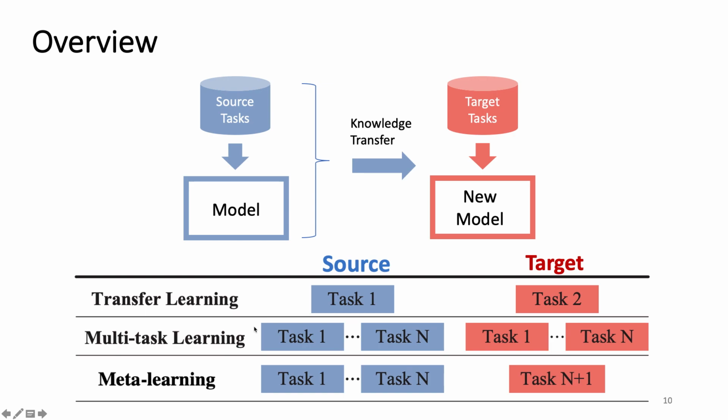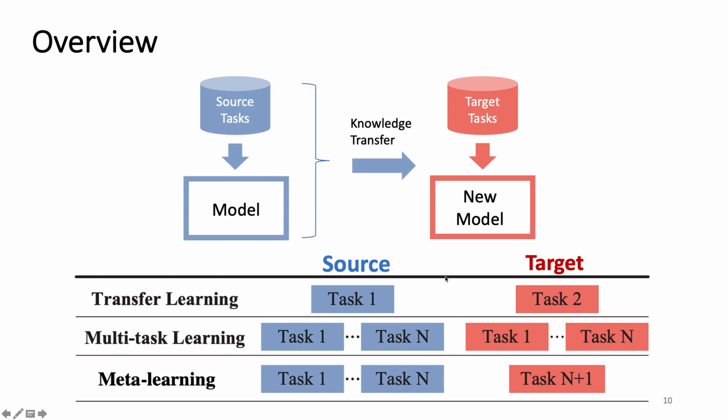In transfer learning, the setting is that we only have one source task, and we also only have one target task. And for multitask learning, we have n source tasks, and we have the same n target tasks. And for meta learning, the setting is we have n source tasks, and we have another n plus 1 target tasks.